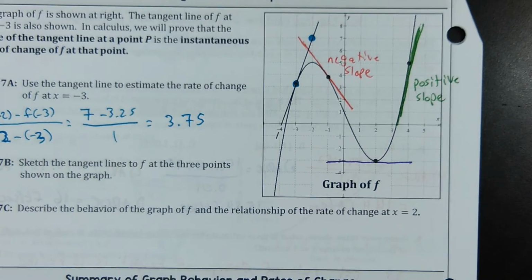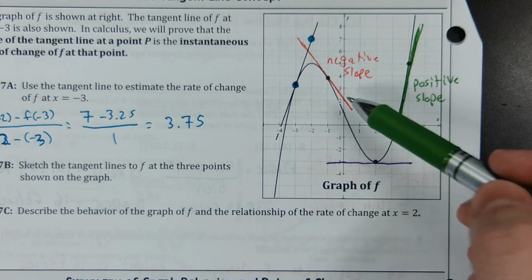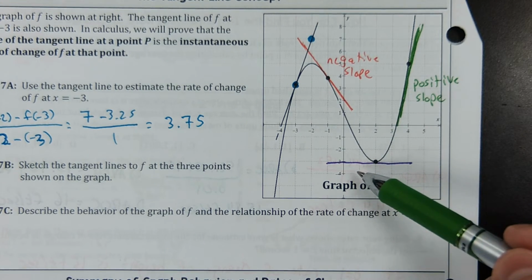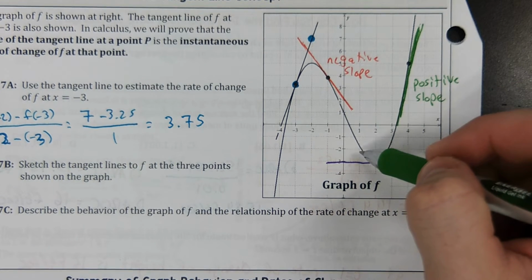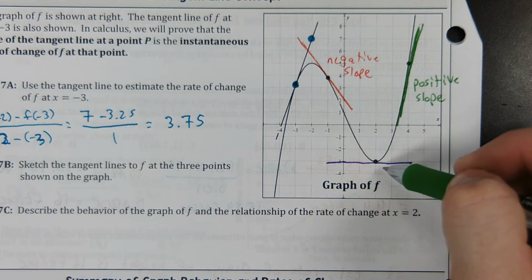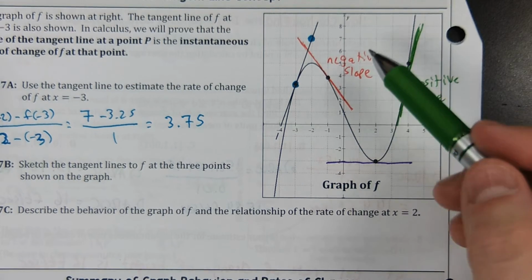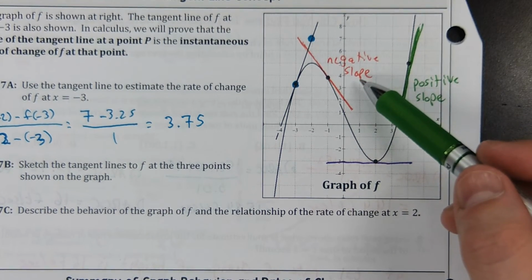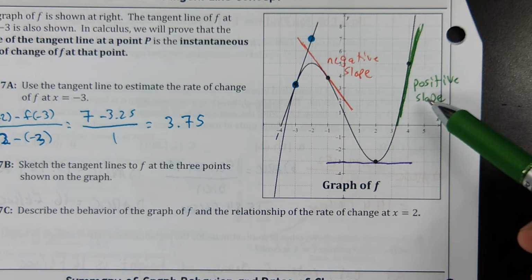Okay, so we know to the left of this number from previous knowledge, this graph was decreasing, right? So this is a decreasing graph, but it's concave up. And over here, it's increasing and concave up. These negative slopes are obviously smaller than 0 because they're negative. This positive slope is greater than 0, so positive.